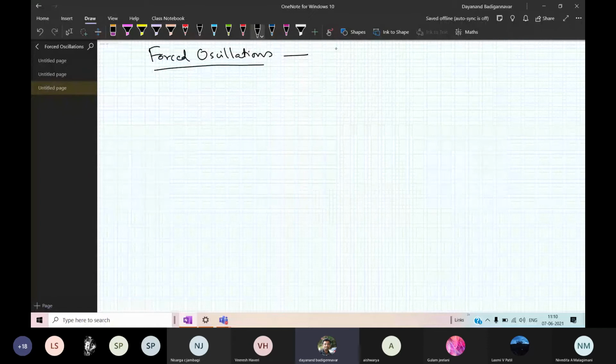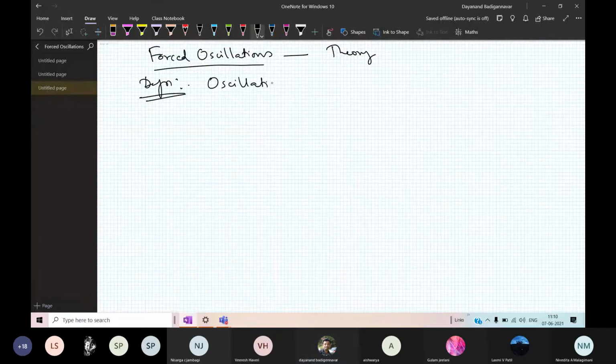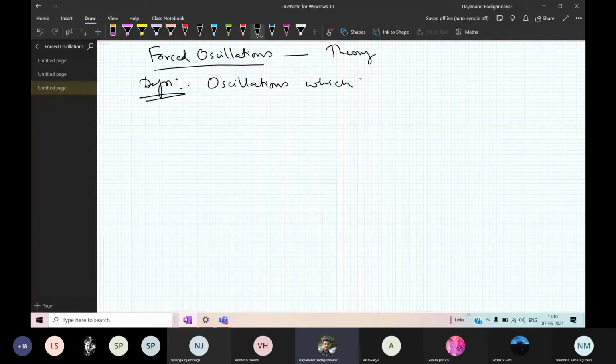Okay, first we will define what is forced oscillation. Definition. How do you define forced oscillations? These are the oscillations, or I can also write it as vibrations. Oscillations and vibrations mean the same.